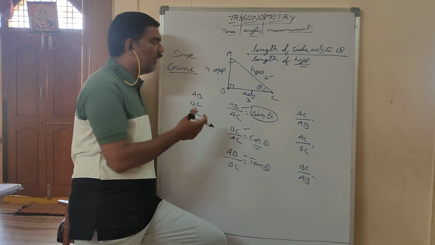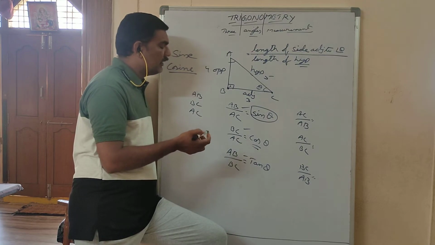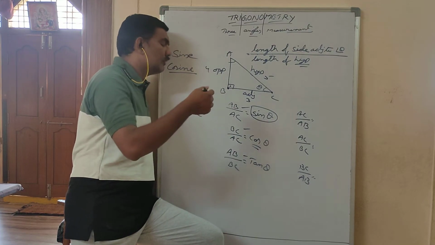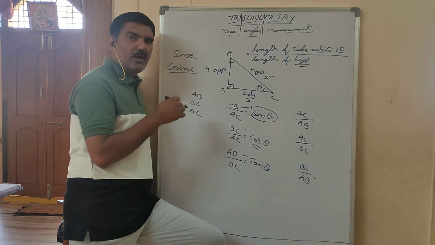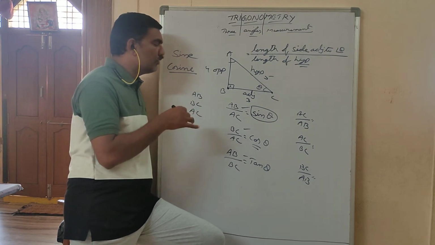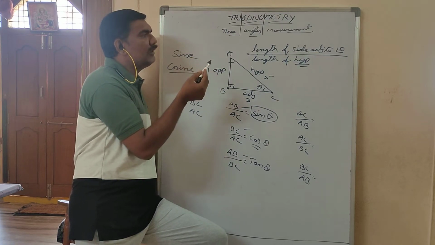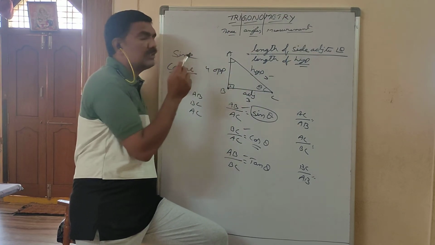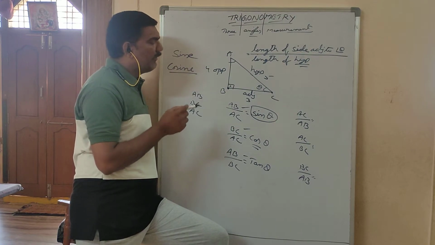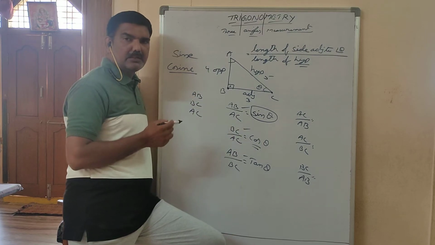Its definition: tan theta is also the ratio of two sides of a right angle triangle. What are the two sides? In the numerator, you have to write the length of the side opposite to angle theta, divided by the length of the side adjacent to angle theta.